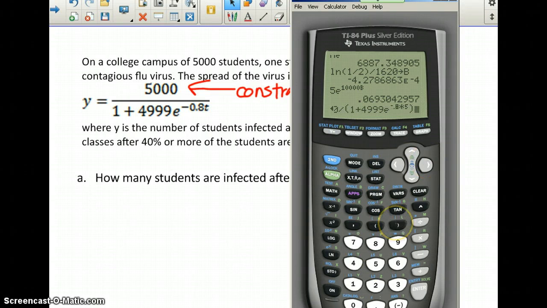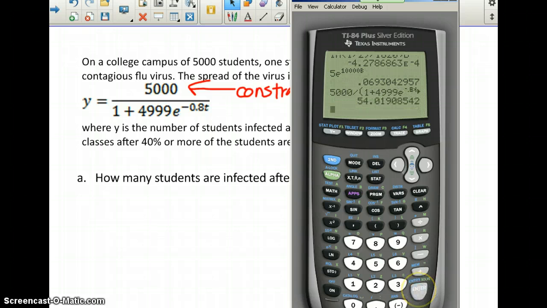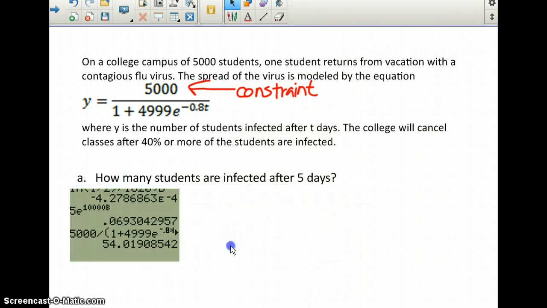Close your parentheses, and enter. 54. After 5 days, we have 54 students that are infected.